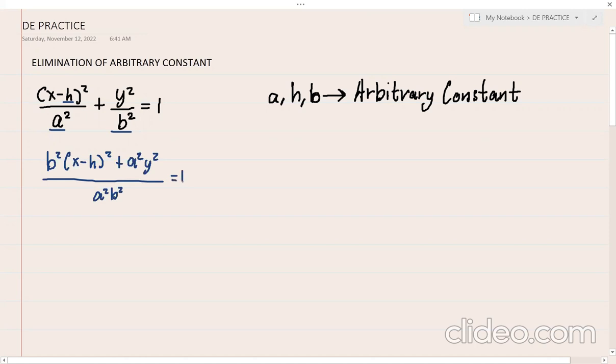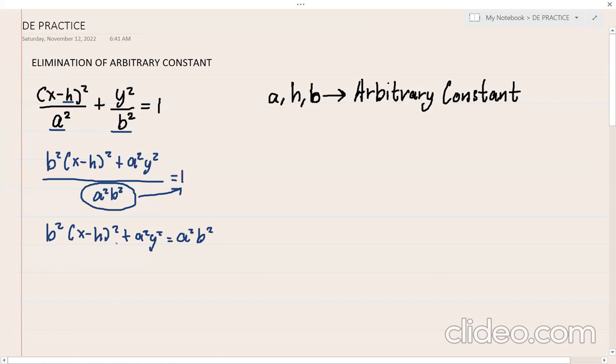Ayan siya. Then, what we're going to do is we will cross multiply. Okay? Since kasi meron tayong denominator na a squared, b squared, we can multiply to the right side. So, kopyahin ko lang yung nasa numerator. And on the right side ng equation, 1 times a squared b squared is equal to a squared b squared. Yun, di ba? Mas easy pa.